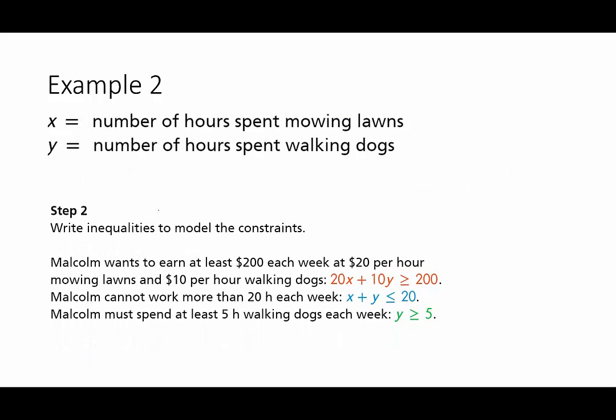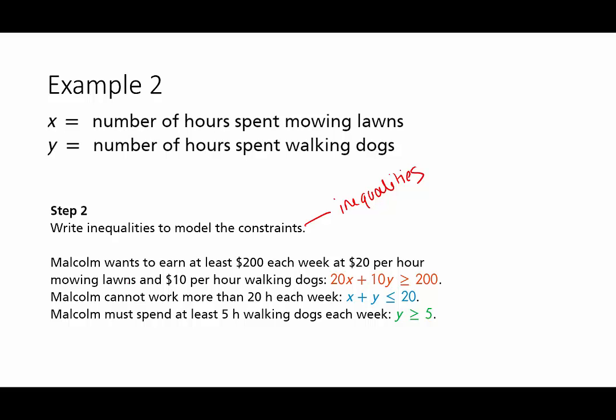The next step we have to do is create our constraints. And by constraints, we mean inequalities. So let's come up with our inequalities. So we look at each sentence and then we create our equations. Malcolm wants to earn at least $200 each week at $20 per hour mowing lawns and $10 per hour walking dogs.